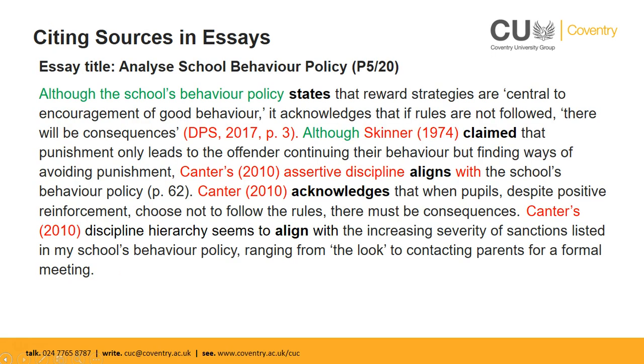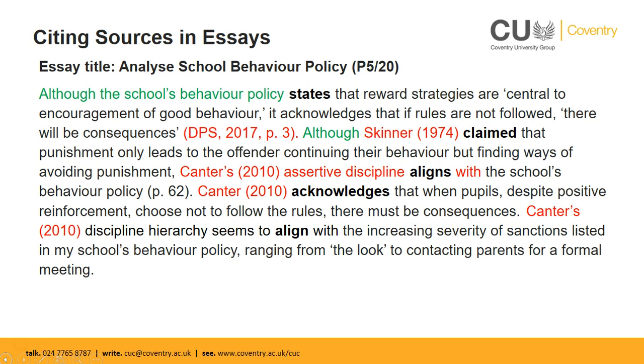And let's have a look. So as you can see in green, we've got although the school's behaviour policy states, and we've got the citation at the end there, and then we've got the theorist Skinner. Although Skinner claimed something, Cantor, a different author, Cantor's assertive discipline aligns with.